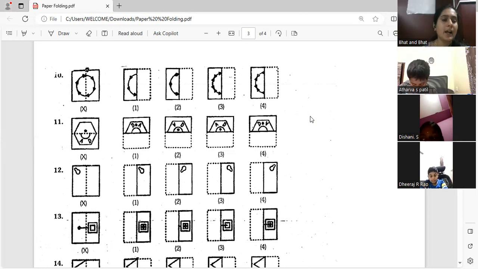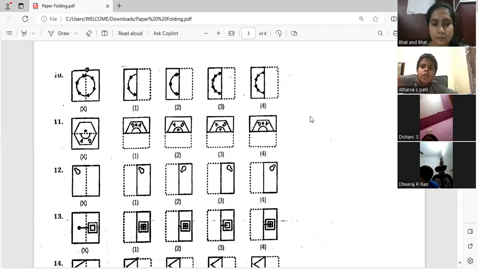Okay, Dishani, tell me the answer for the 12th one. Option D, fourth one. Okay, correct. Atharva, 13. For the 13th one, it is C. Third one. No. Ma'am, second one.